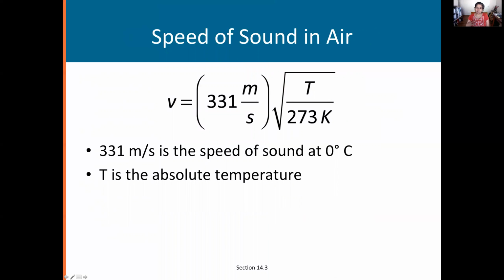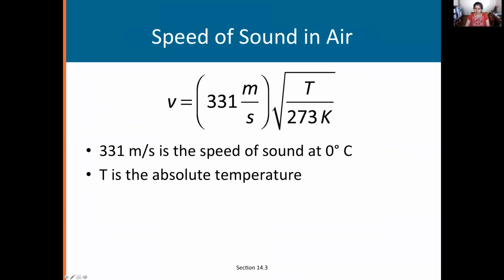Here's how the velocity changes with temperature. So we saw that it's 331 meters per second at 0 degrees Celsius. So we get 331 times the square root of the temperature divided by 273 Kelvin. Now we haven't studied the temperature scale yet, but the MKS units for temperature are Kelvin, and Kelvin is Celsius plus 273.